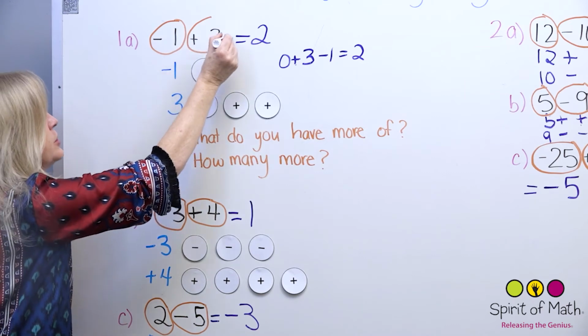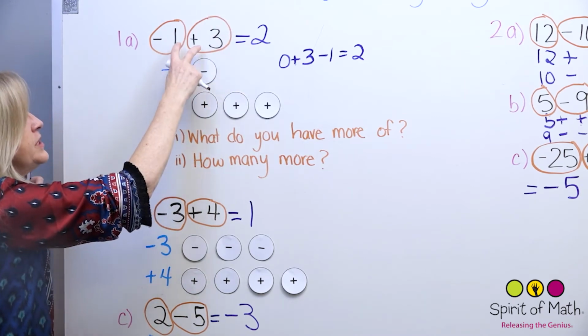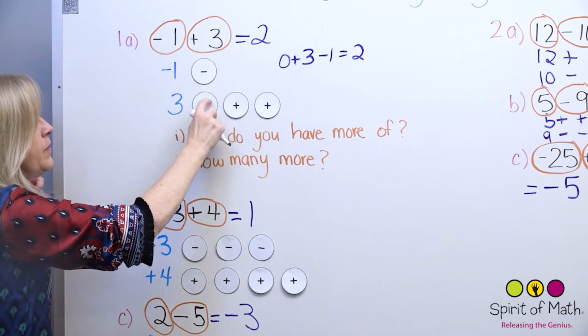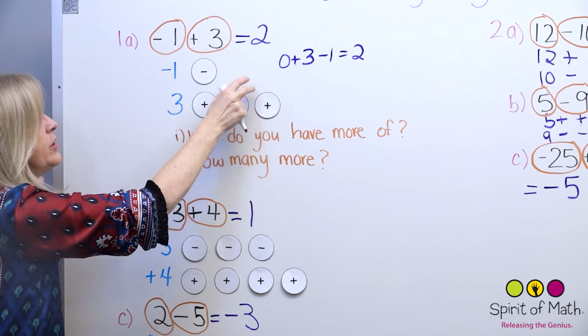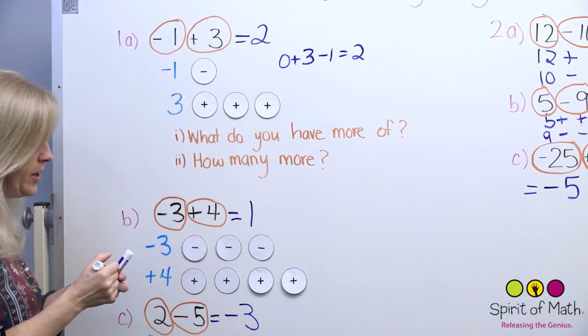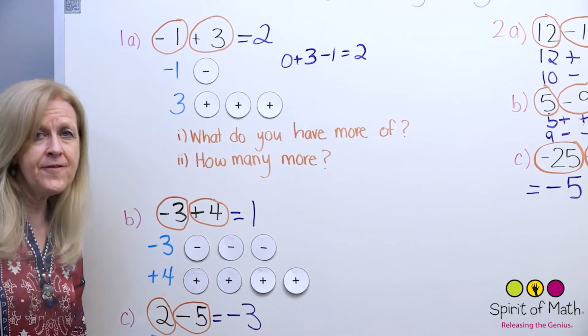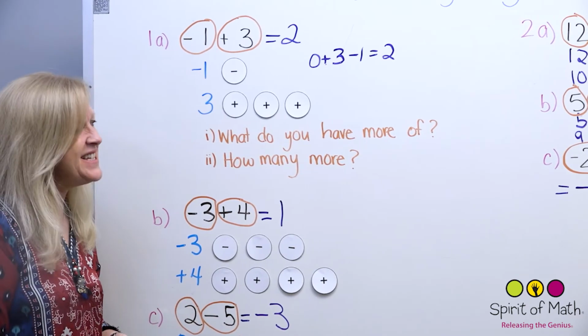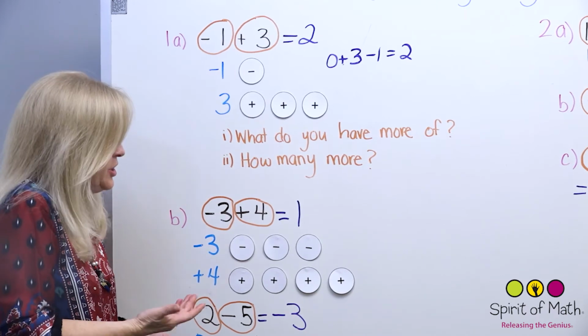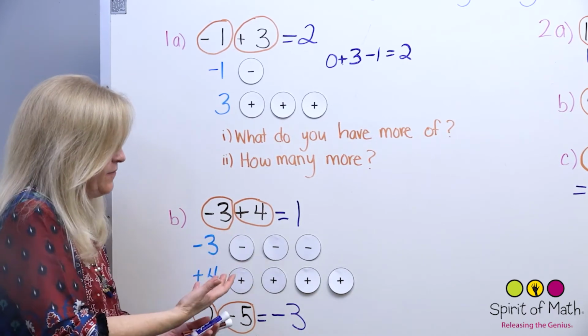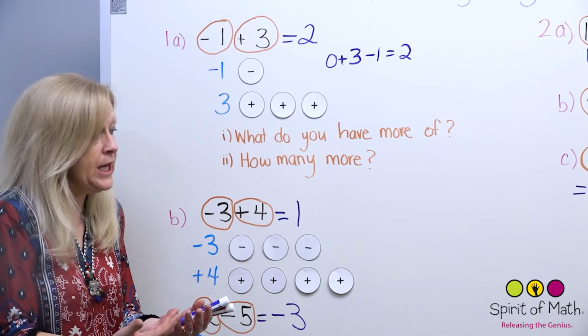Some people like to circle this first so you can see that there's 1 negative and 3 positives, and then you can say how many more of either the negatives or positives. Okay, have fun with this one, and don't make it too complicated. Just know that you're going to have something either more or less.